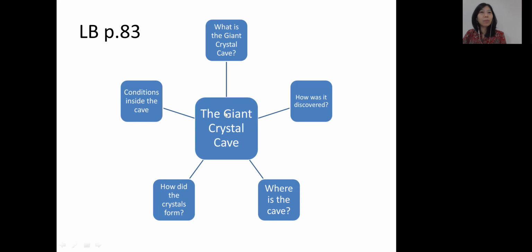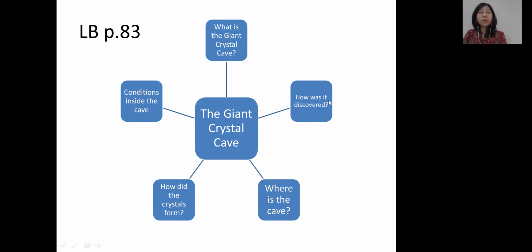And what are those important keywords to be copied here? Here in the middle, we have the title. That's important. And then we have information connected to the title. What are those? Those are the headings or the subheadings. This is the first subheading. What is the giant crystal cave?